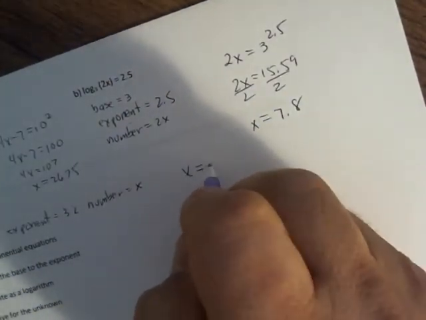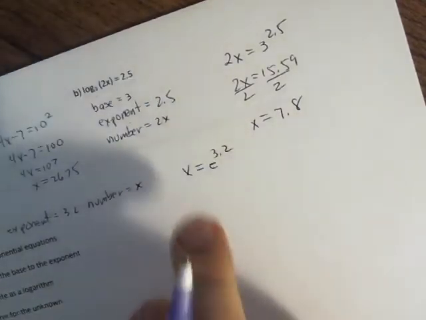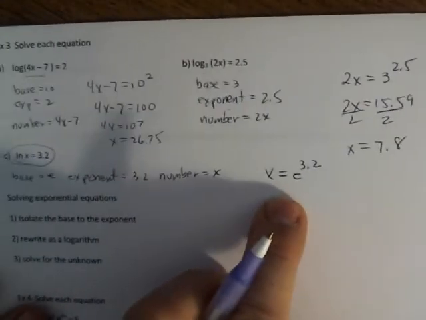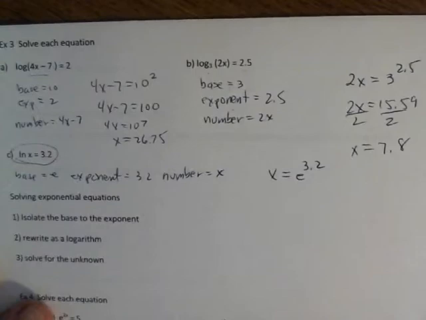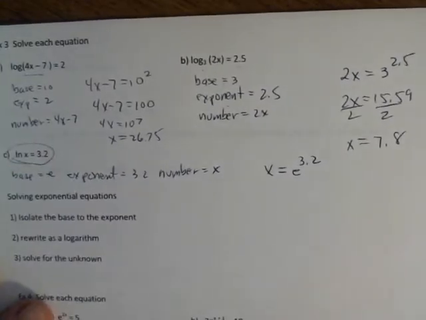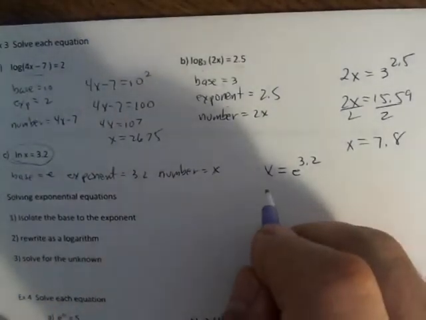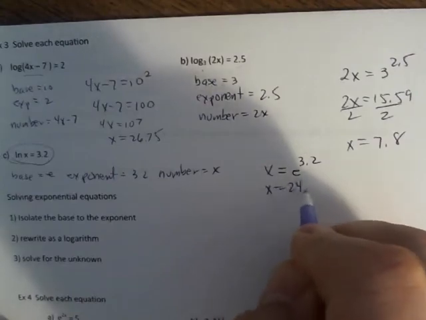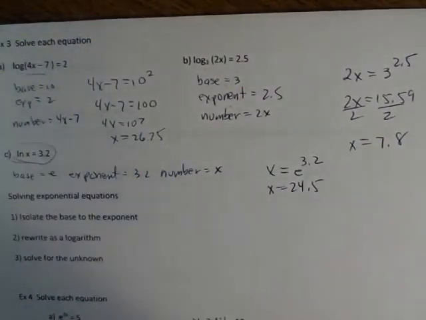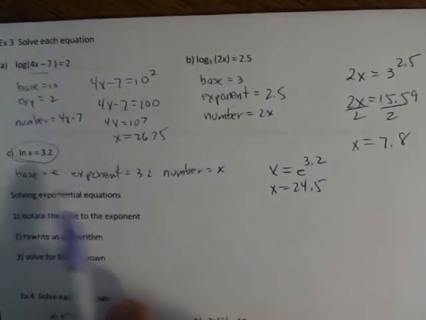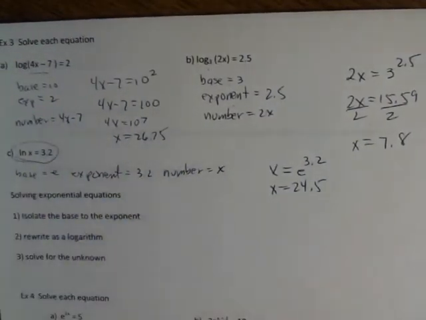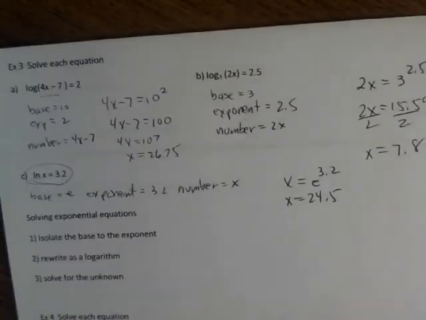So x is e to the 3.2. So that's one step. Second step is putting it into your calculator. And x is 24.5. So again, that's a two-step equation. That's why it's very important that you understand how to change from one form to the other. Okay. All right.